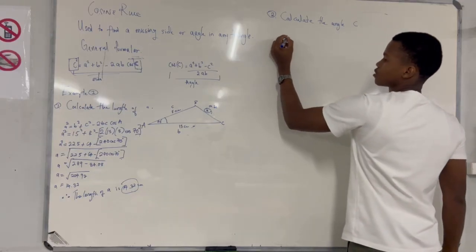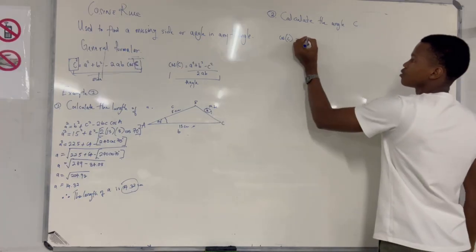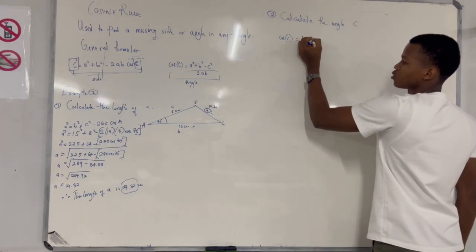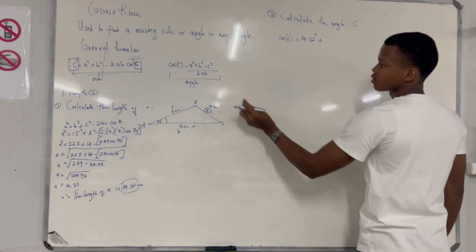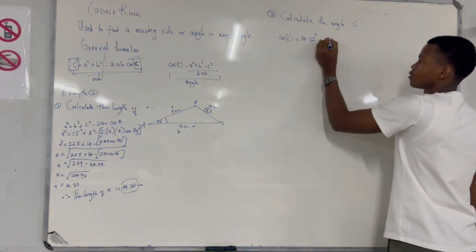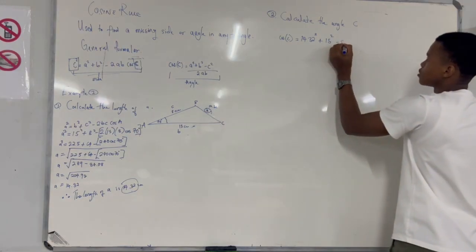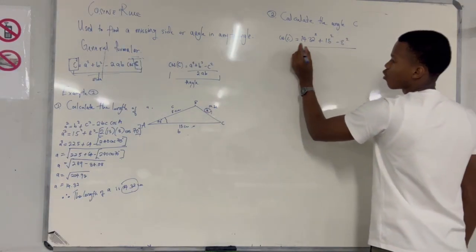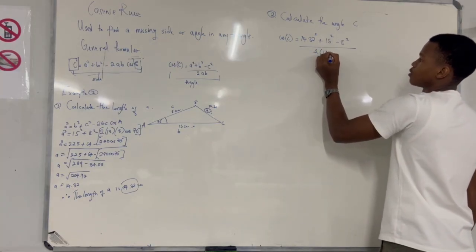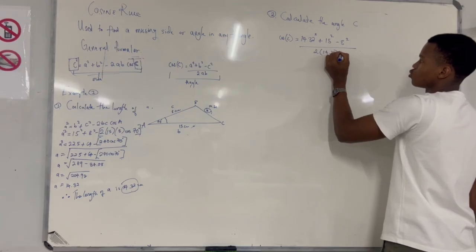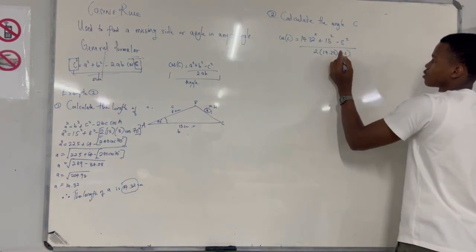So cos C equals a, which is 14.32, squared plus b, which is 15, squared minus c, which is 8, squared, all over 2ab, 2 times 14.32 times b, which was 15.